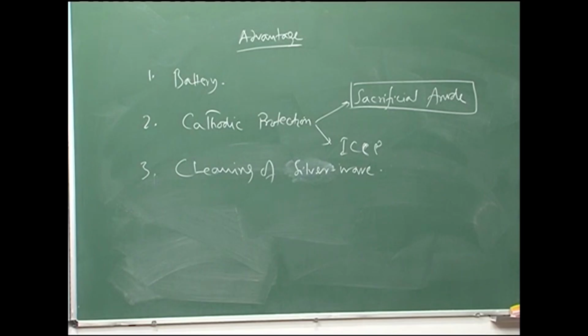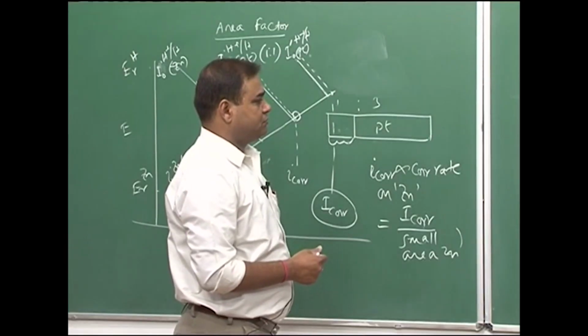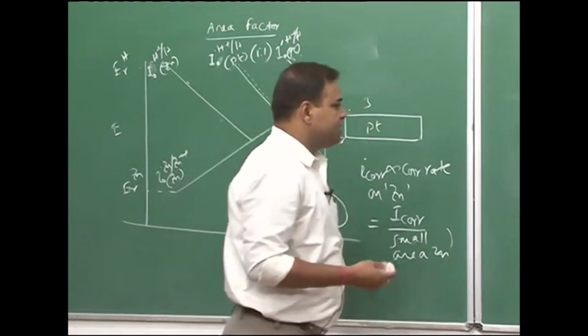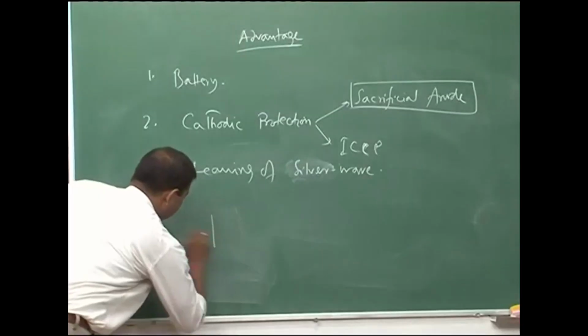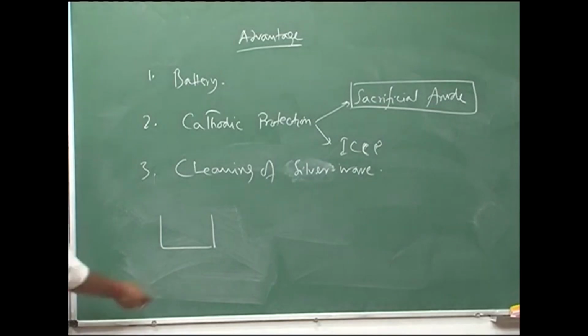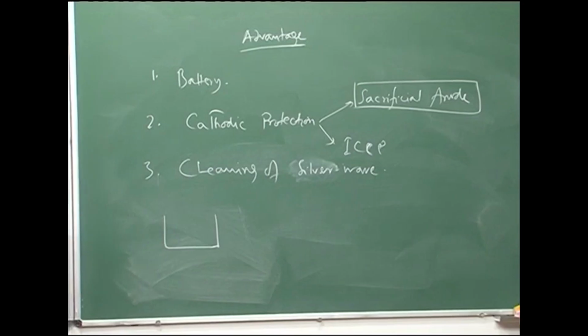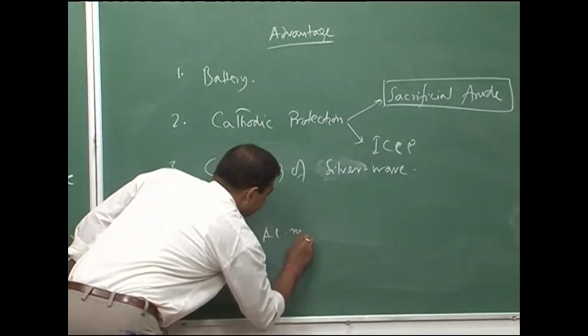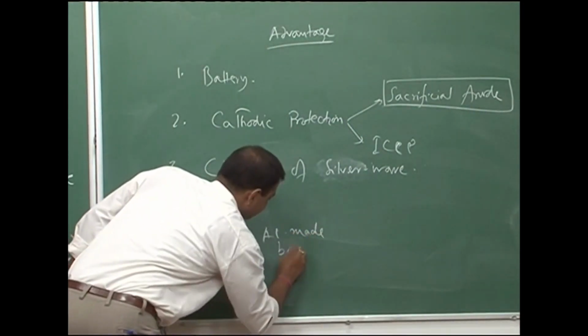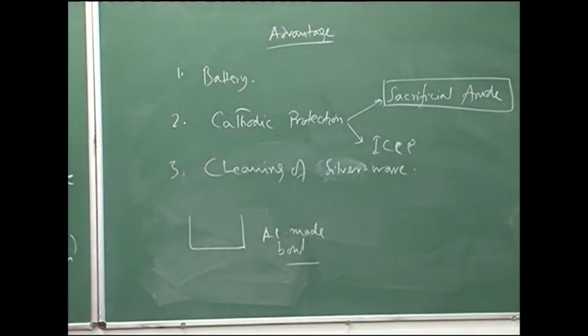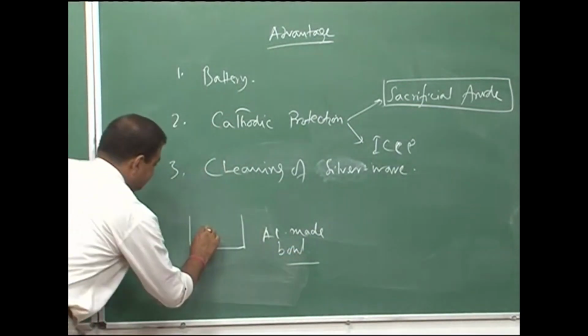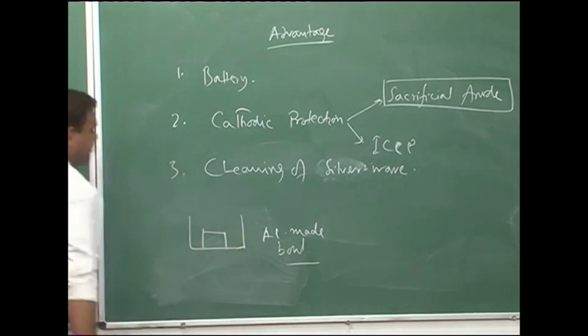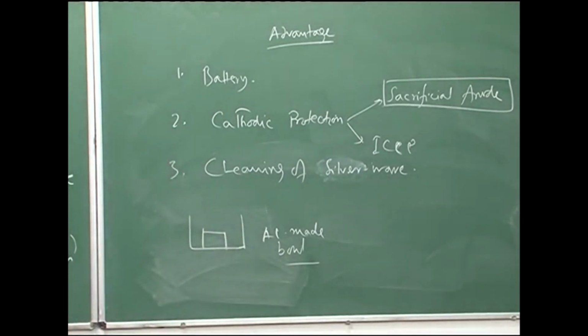Generally, if you go to some person who makes ornaments, he has one particular bowl, and that bowl is nothing but an aluminum bowl. In that bowl, he puts the silverware in a solution which contains baking powder.